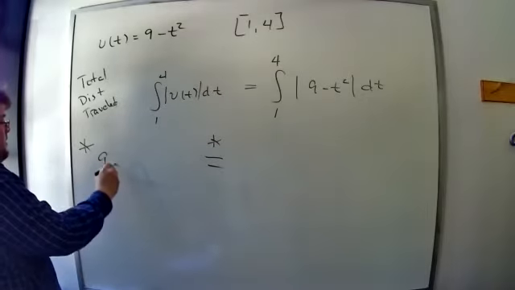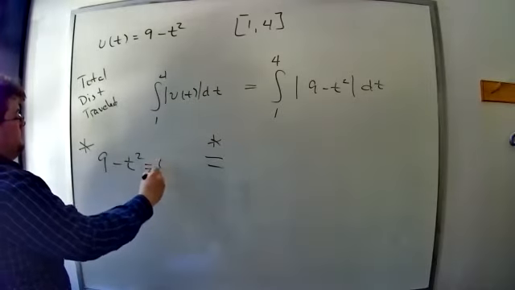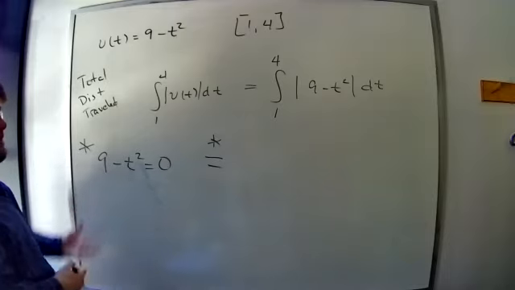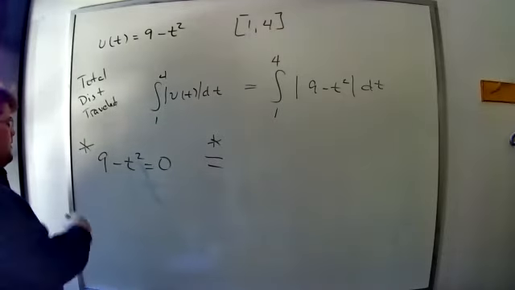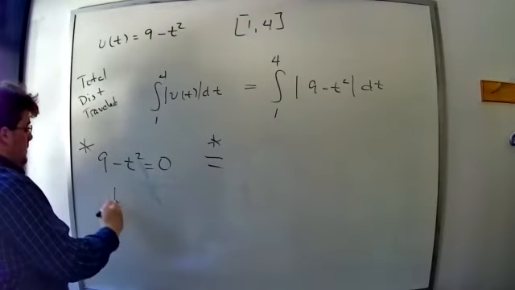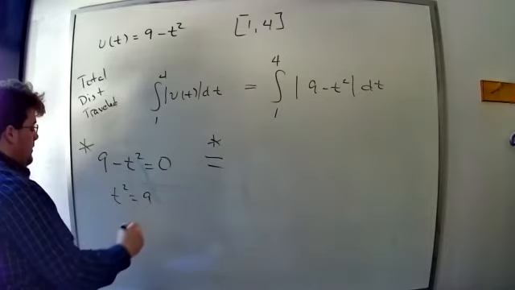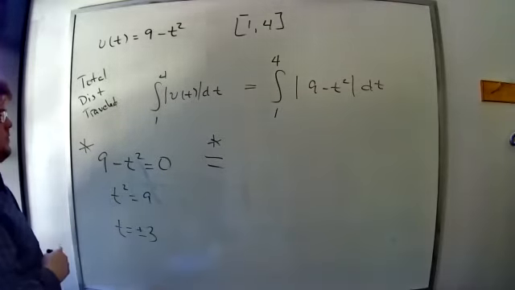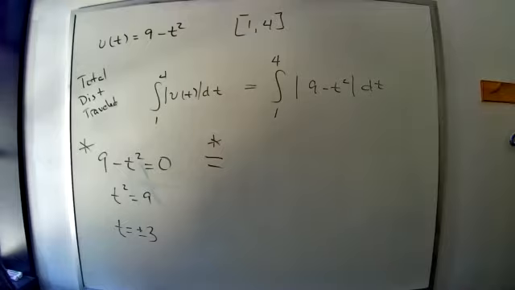We need where the velocity is 0. Set the velocity equal to 0. You could do this with a graph of the velocity function too if you want. I'll do it algebraically. t squared equals 9. t is positive or negative 3. What does that tell us?